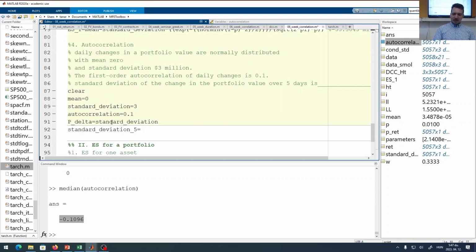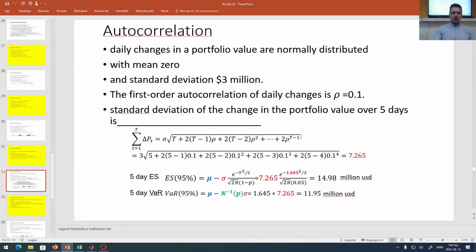We would like to recalibrate this by using the underlying information coming from the autocorrelation. So we have a few square roots, everything under the hood, and then days.